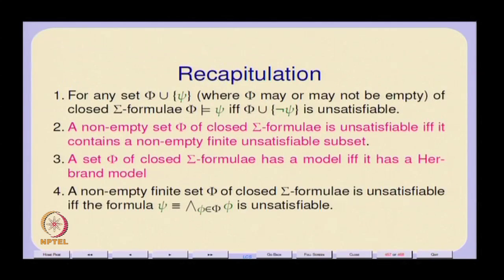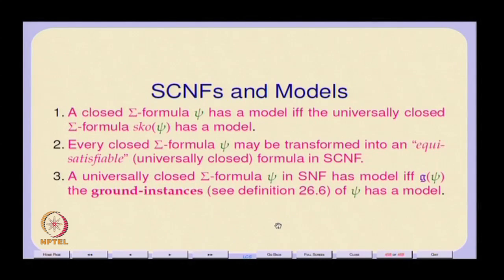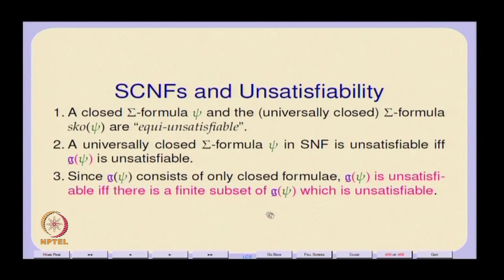So, the quest for models and the quest for unsatisfiability come from there. And logical validity is also related to unsatisfiability in the same way, and that is what we will use. So, this is a recap.